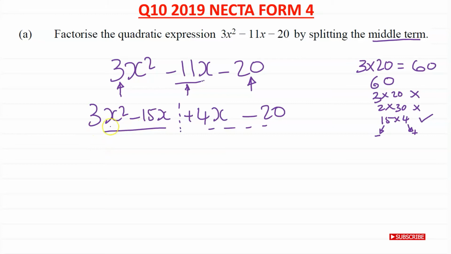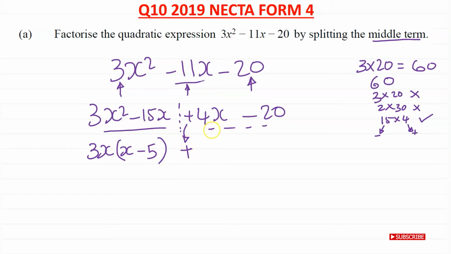Common between these two terms, 3x squared and 15x, is 3x. So I'll take 3x out. To get x squared, I need another x. Then there's a negative here, so take away. To get 15, I need a 5, because I have 3 here, and I already have an x out here, so I don't need another one. Bring this sign down so it's positive.